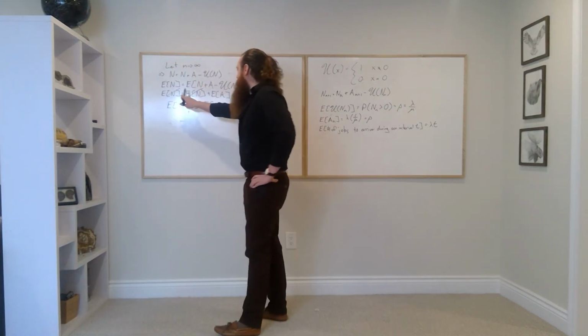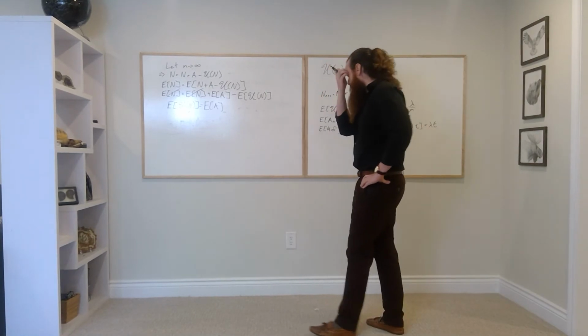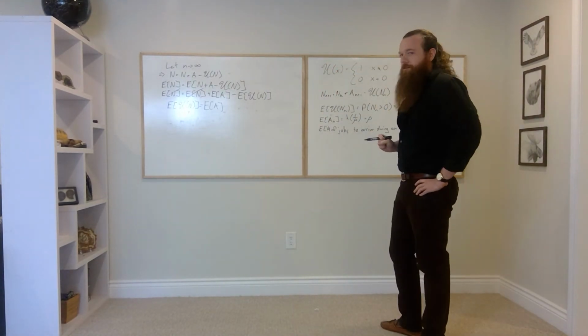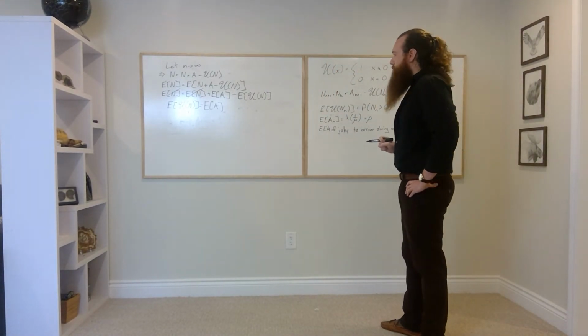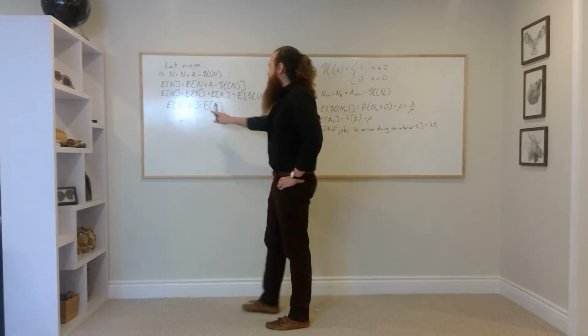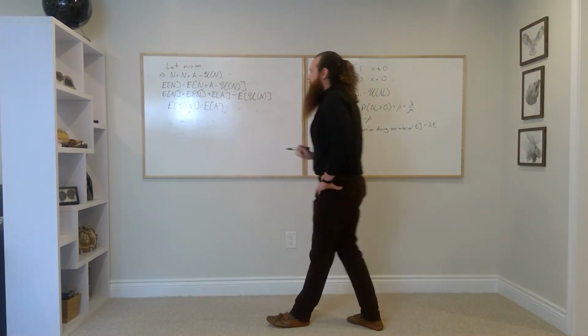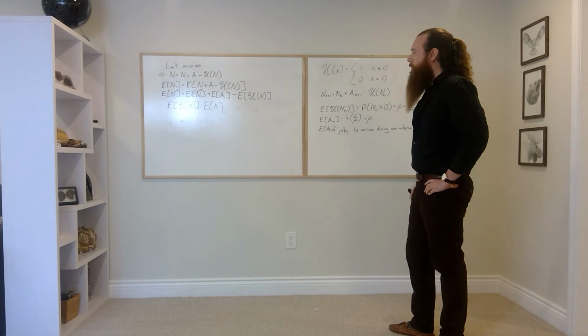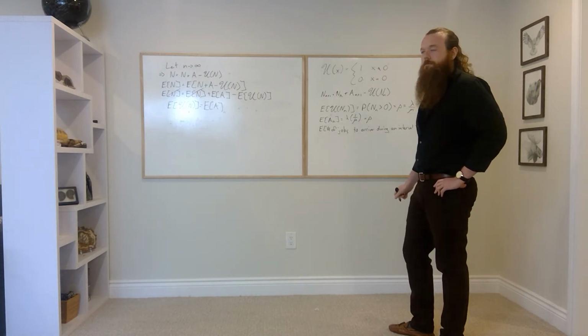So what I was trying to solve for actually ended up canceling out. The only thing this equation told me was the expected value of U at n equals the expected value of A. Well, that's something, right?